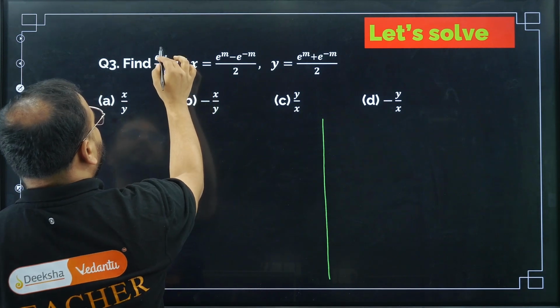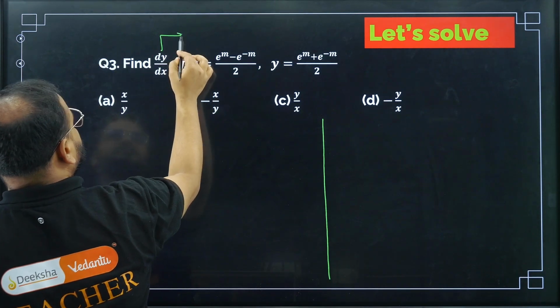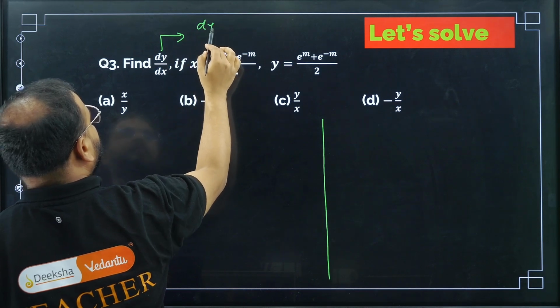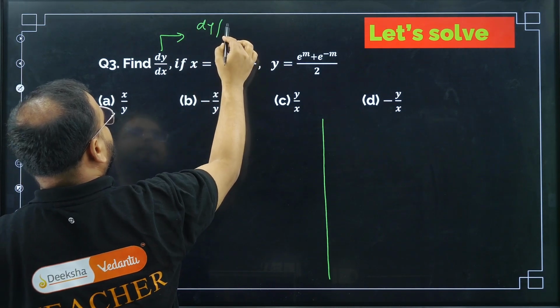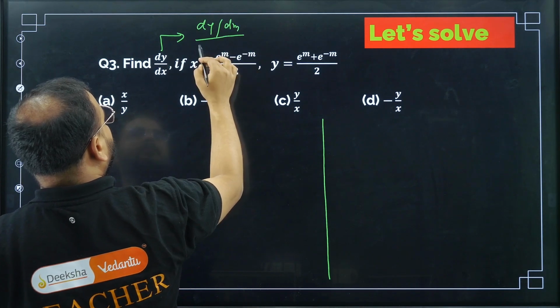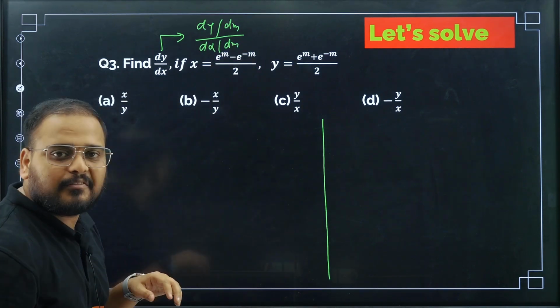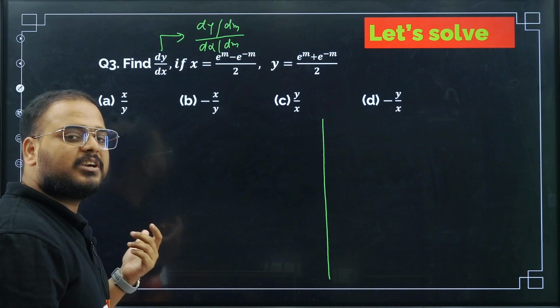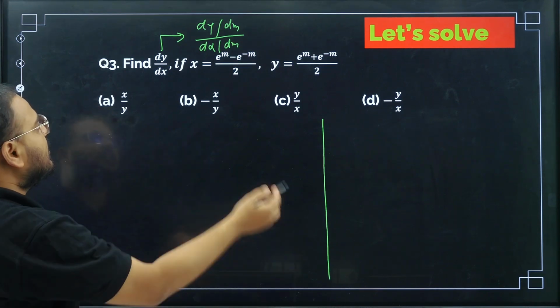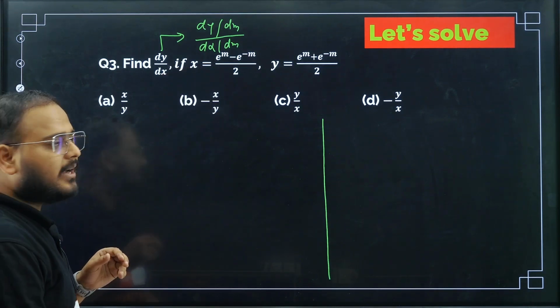They're looking for dy by dx, so this will be simply dy by dm upon dx by dm. This is what we get from parametric form when differentiating a function with respect to another function.